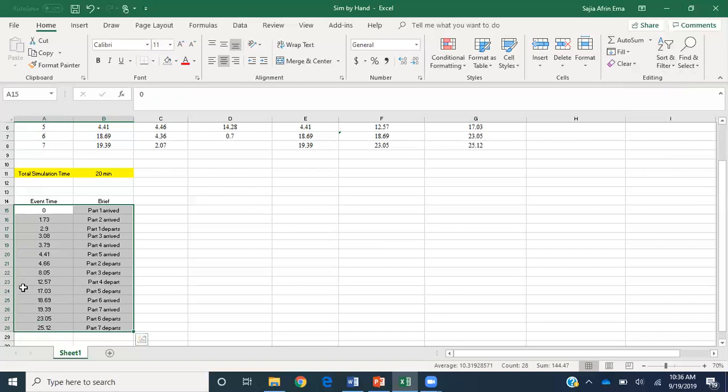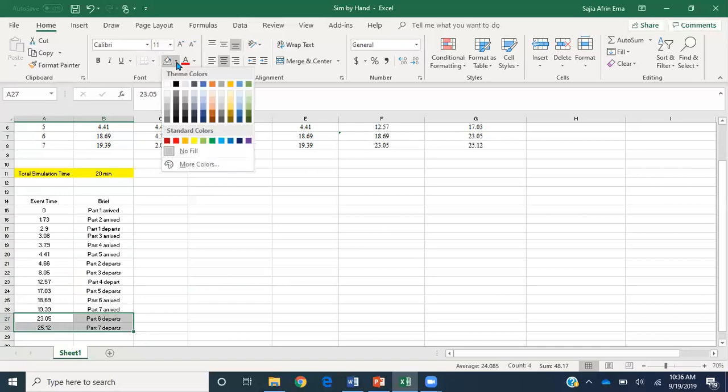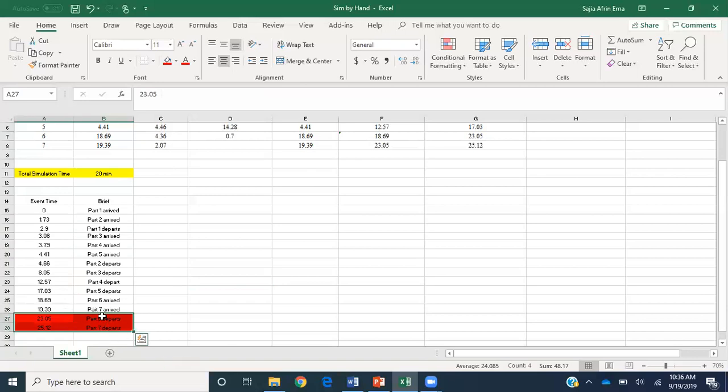Now I have this list, and I know what happened exactly at that time. And as I mentioned, I'll stop whatever happened after this, so I'll just highlight it in red. So we are not going to use this in our calculation. Okay, so I have my event calendar here.